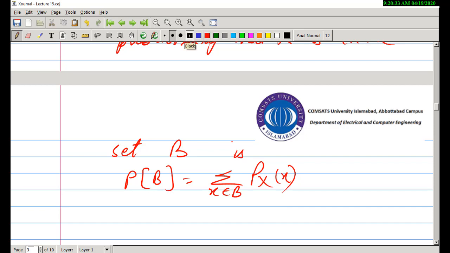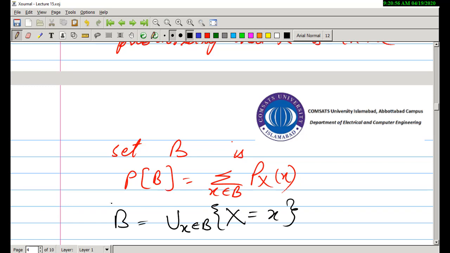So obviously, if they are mutually exclusive, we can say that B is equal to the union of x that belongs to B, for X equal to x.